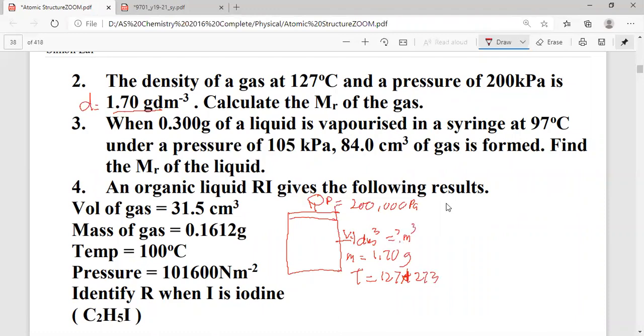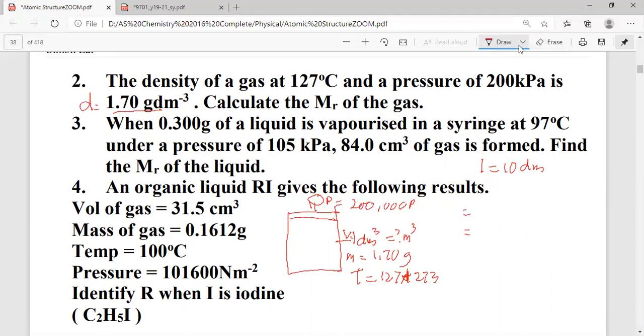How? Very simple. 1 dm cube is equal to 1 dm times 1 dm times 1 dm. 1 meter equals 10 dm. Oh yeah, so stupid. I don't use 1 dm, I use 1 meter. Why not? Never mind.